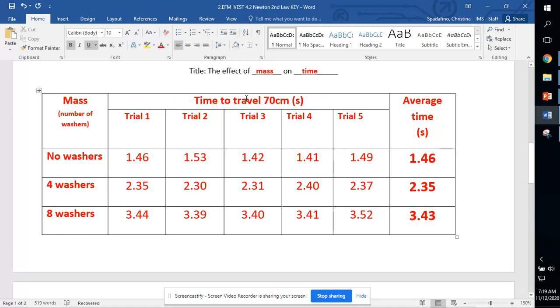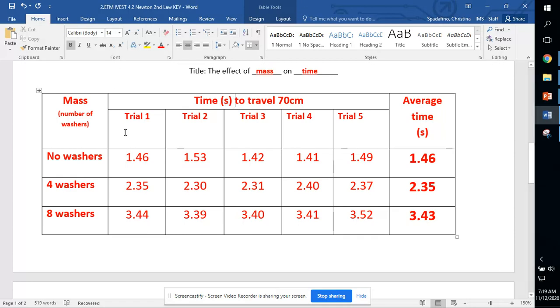Up here, a lot of you left this blank, but I don't know what these trials mean if you leave this blank. So here we have time to travel, which was 70 centimeters.